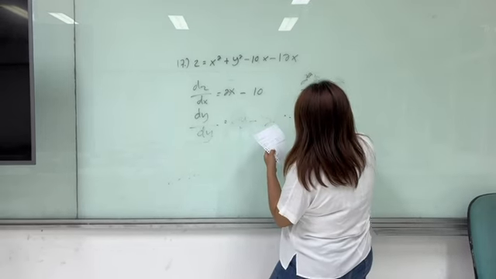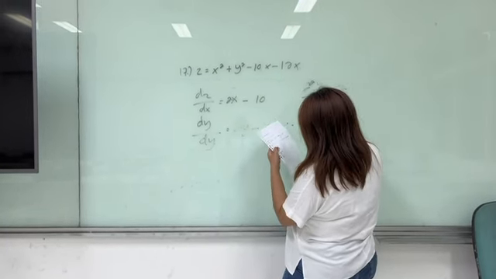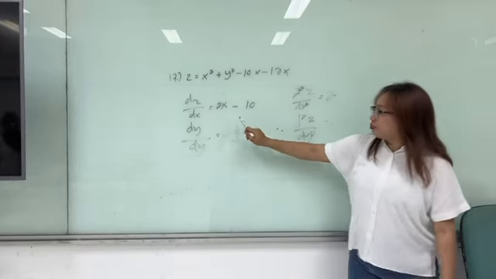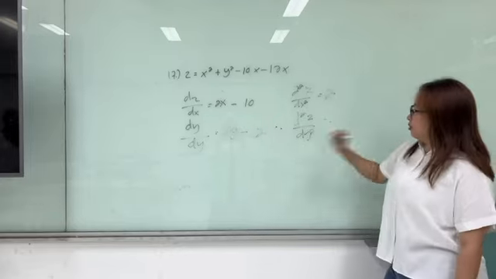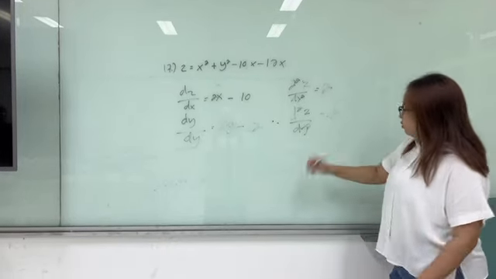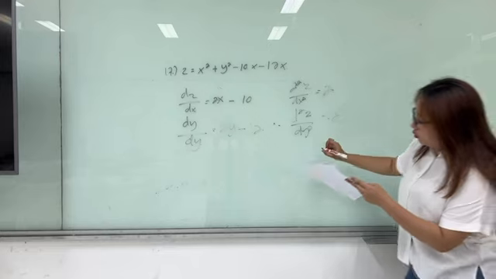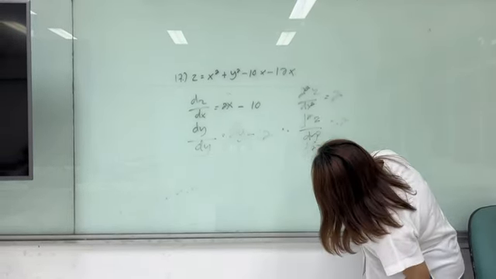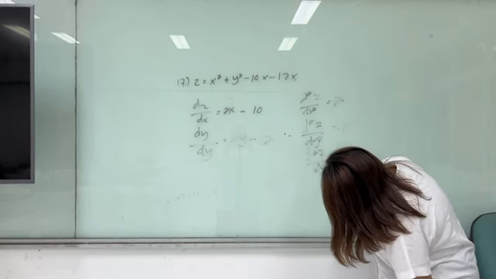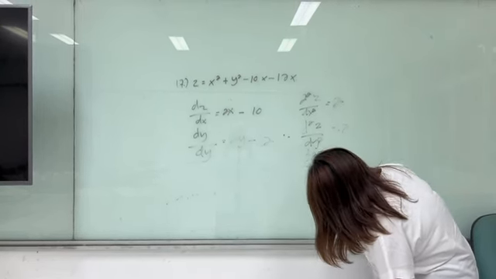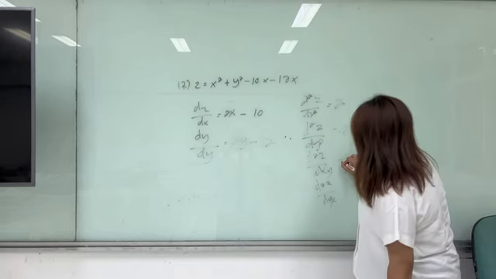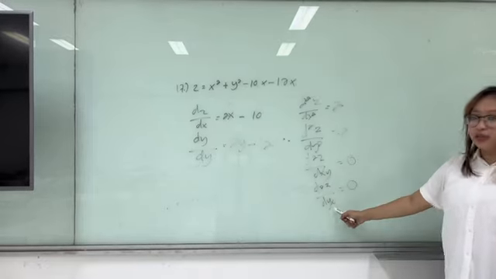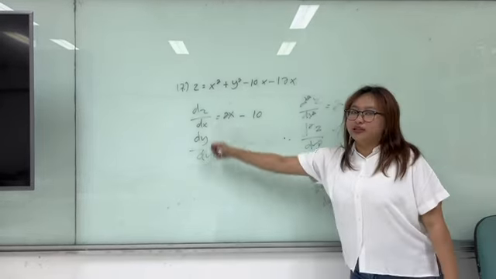And the next is the y squared, it's the same, so we put 2 in here. And we have to search the xy and yx. So it's 0 because we don't have xy and yx at the same time.